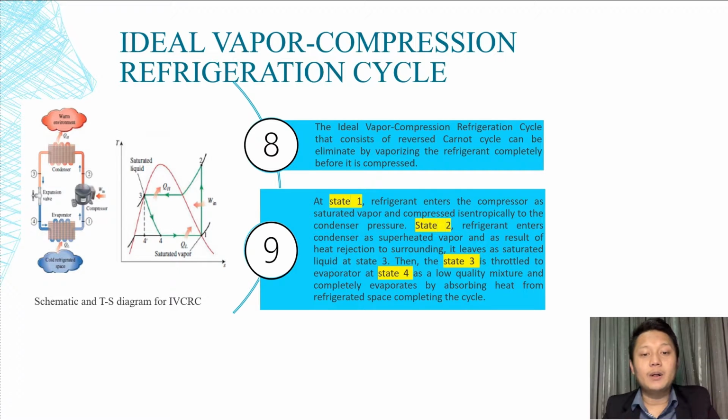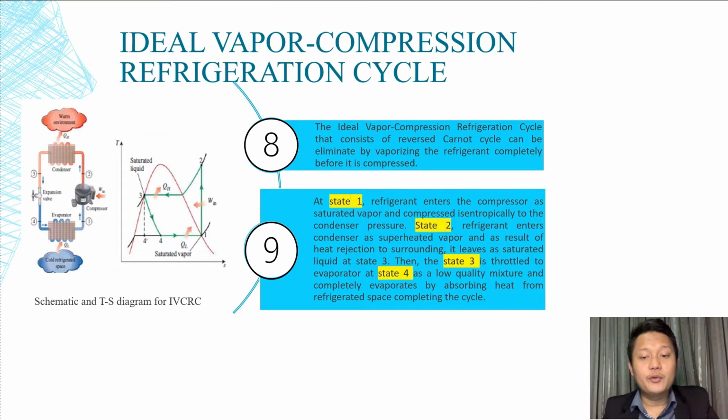The ideal vapor compression refrigeration cycle that consists of reverse Carnot cycle can be eliminated by vaporizing the refrigerant completely before it is compressed. At state 1, refrigerants enter the compressor as saturated vapor and compress isentropically to the condenser pressure.